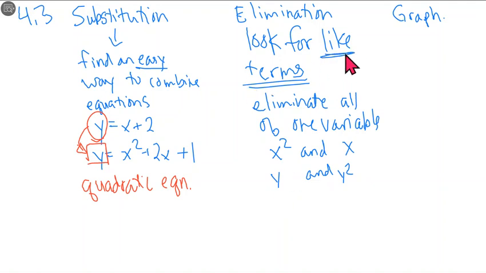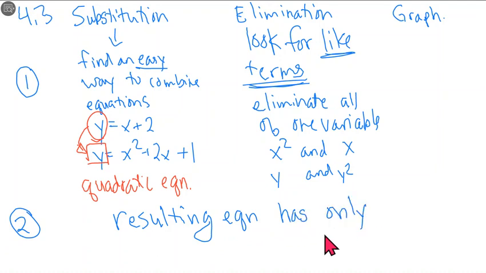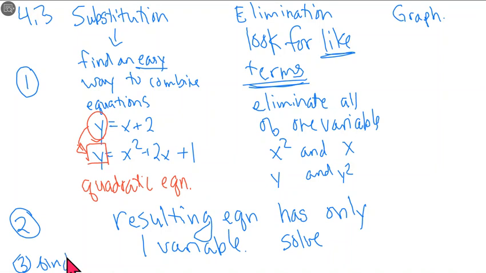But you've got to have the like terms available to match them up. Our first step is to combine the equations. It's important that the resulting equation has only one variable. That way you can actually solve, and then you can go back and find the points.